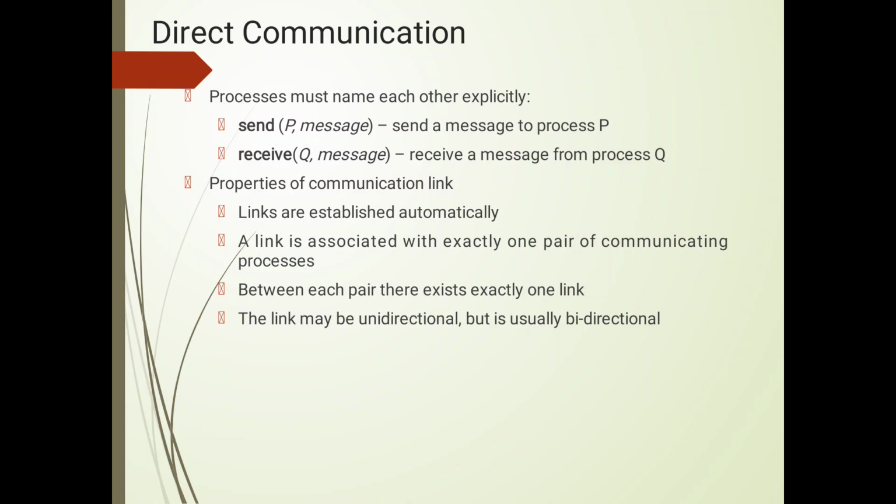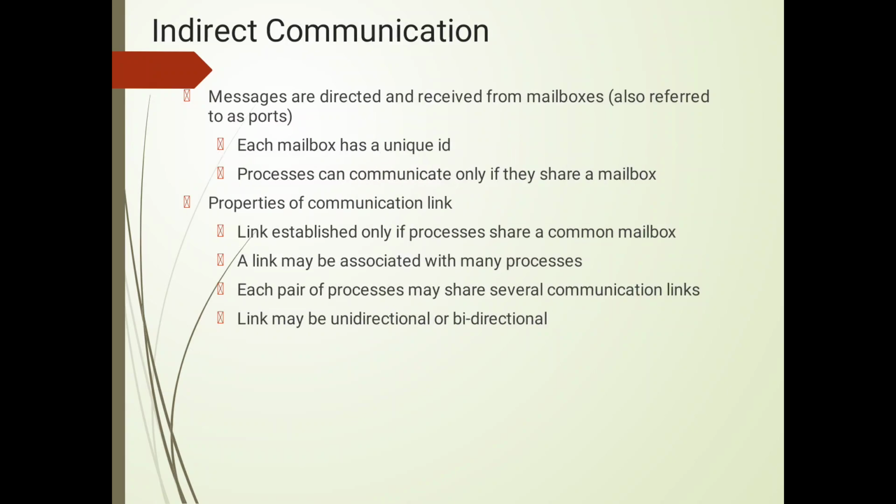The properties of the communications link: links are established automatically. A link is associated with exactly one pair of communicating processes. Between each pair there exists exactly one link. The link may be unidirectional but is usually bidirectional.